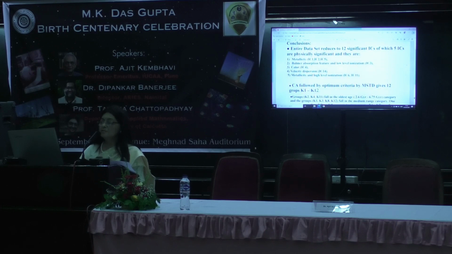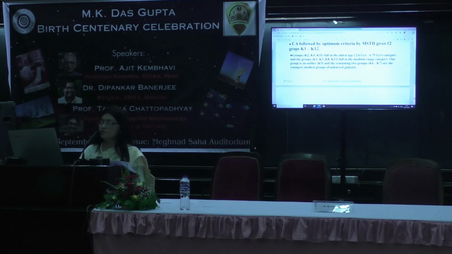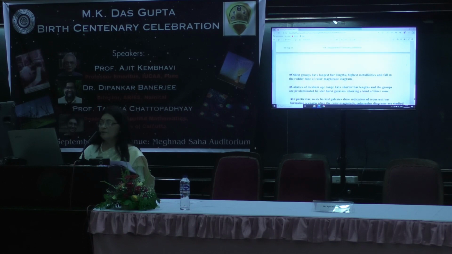And the conclusion is that the entire data set reduces to 12 significant ICs, of which 5 ICs are physically significant: metallicity, gamma absorption, color, velocity and metallicity. And the cluster analysis gives us 12 groups which have several different properties.